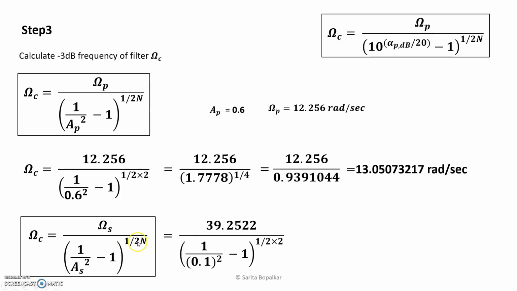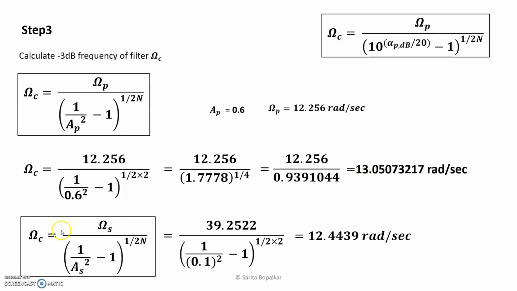If I use this formula, As is 0.1 and Ωs is 39.25 and your Ωc becomes 12.44. Now observe the difference. When we calculate Ωc using the passband specification, Ωc is 13.05, and see the difference between the passband edge cutoff frequency and Ωc.